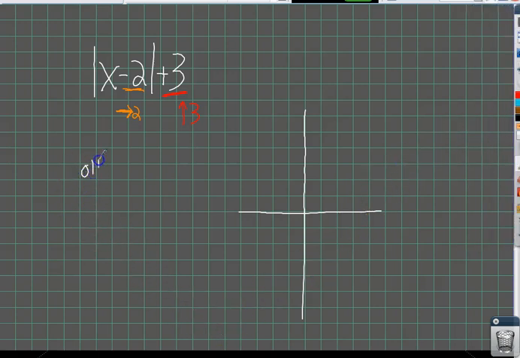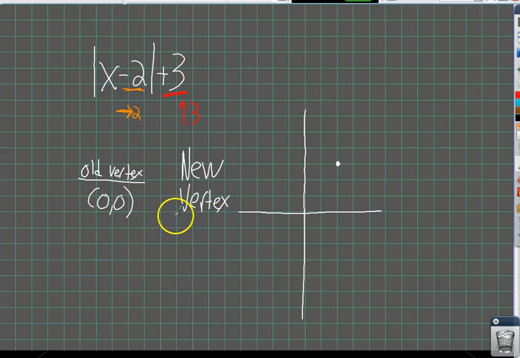So my old vertex was 0, 0. Well, now, I go from 0, 0, and I go up 3 to the right 2 units, and plot that point. So my new vertex is going to be this. It's going to be 2, 3.